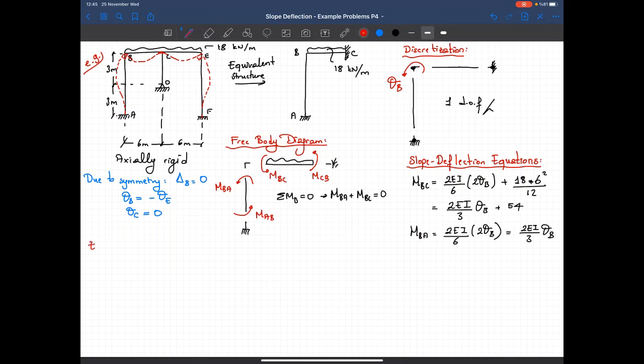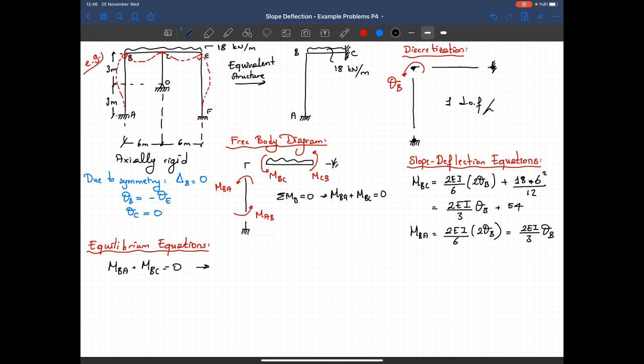Now, equilibrium equations. MBA plus MBC is equal to 0.